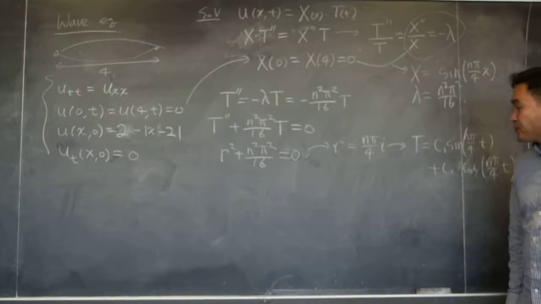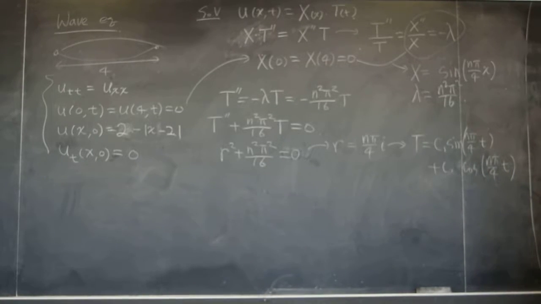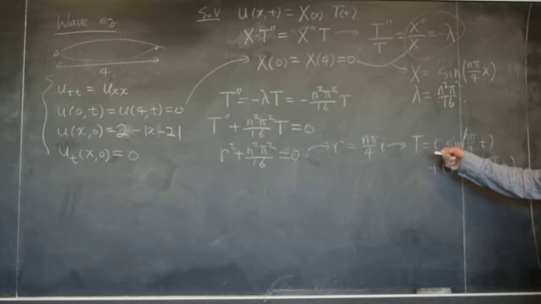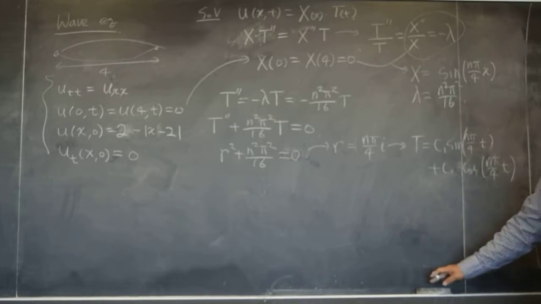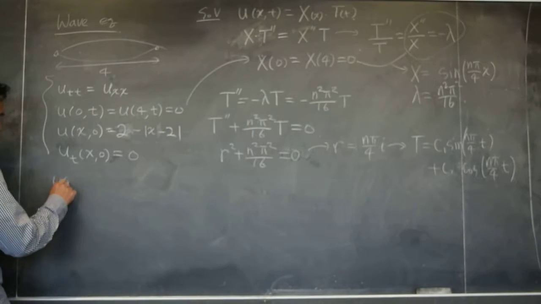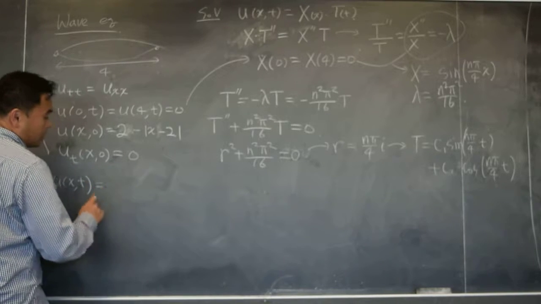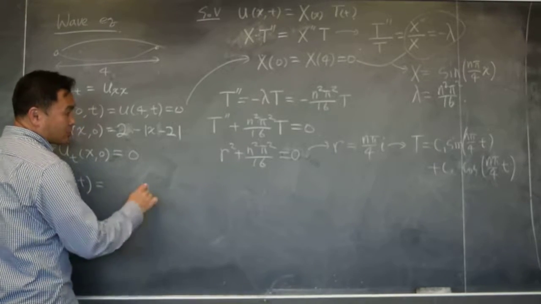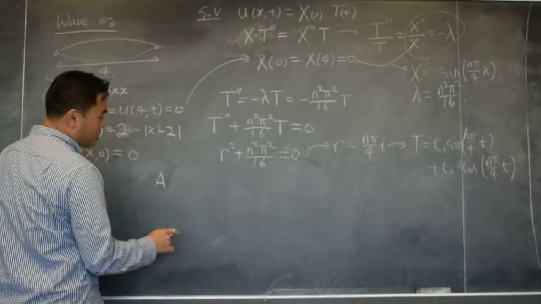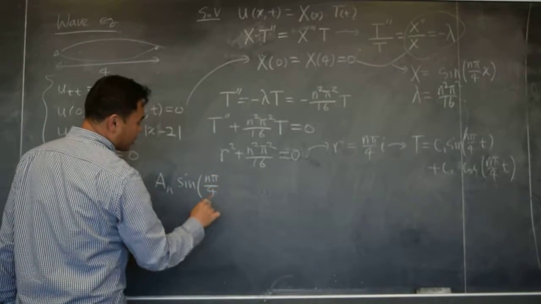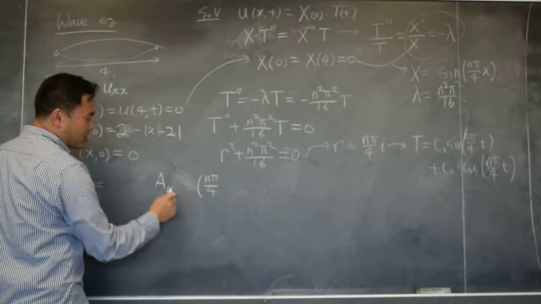All right. Now, both of them are valid. You actually need one constant here, another constant there. And if you put them back together, you have u(x,t) equal to some constant times, let's write a_n and b_n instead of c1 and c2. Let me write cosine first, because that's the custom.